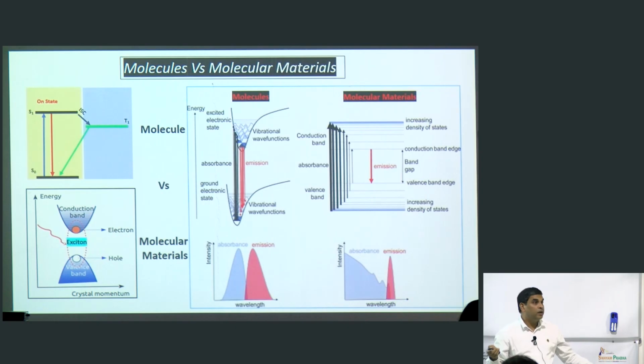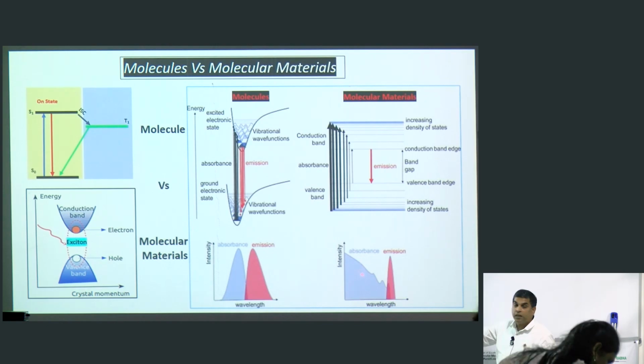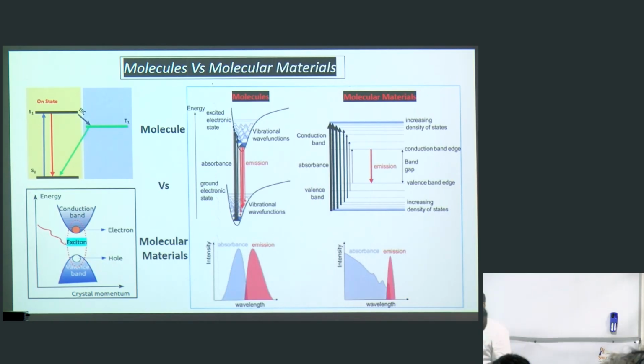And apart from that, the higher energy states appear here. So this is my band edge, and then we have different types of absorption. Whenever you excite anywhere in this absorption envelope, you will have this emission intensity. This is one of the critical points to consider for molecular materials, and it creates complexity as well.